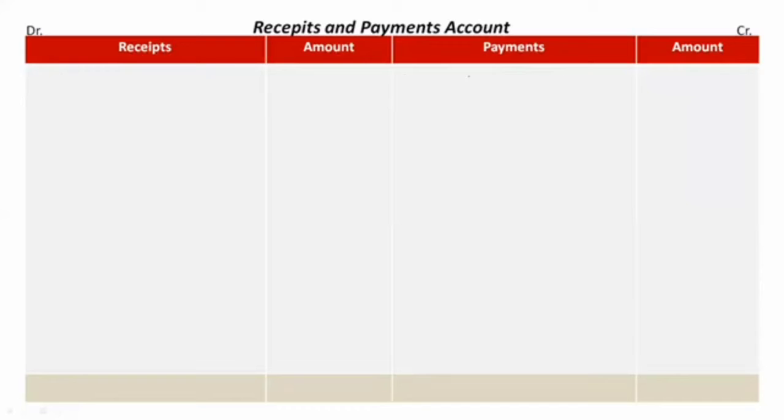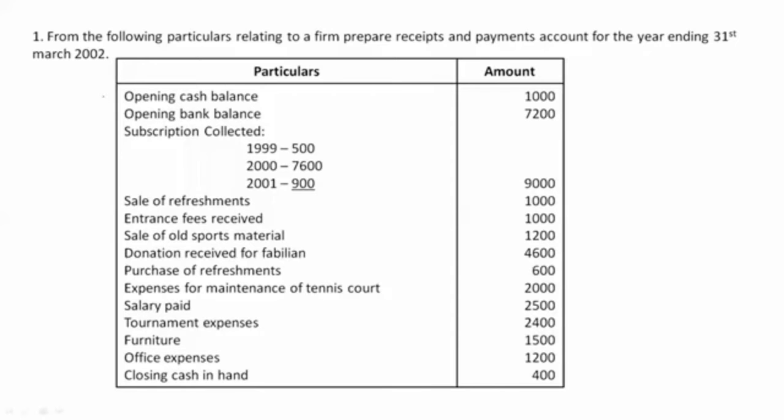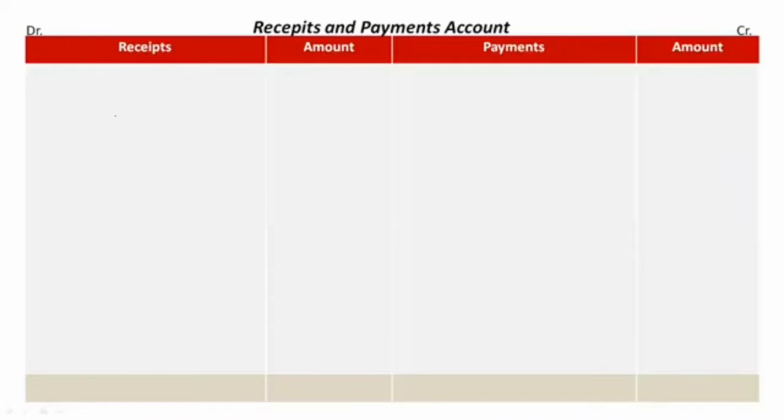Okay, very similar to cash account, right? So first of all, the first item that we have is opening cash and opening bank balance. We need to take it on the debit side. We will take it as balance brought down, cash in hand.